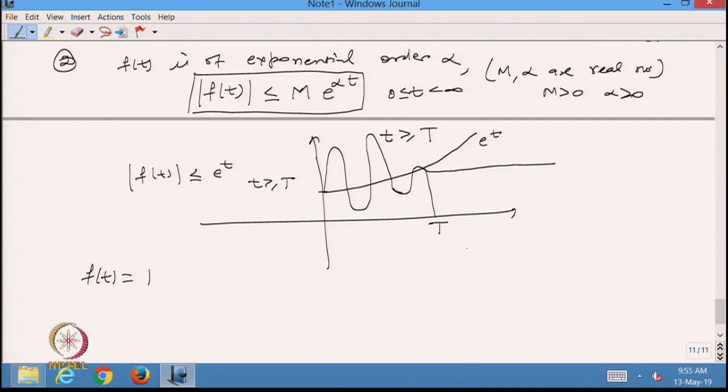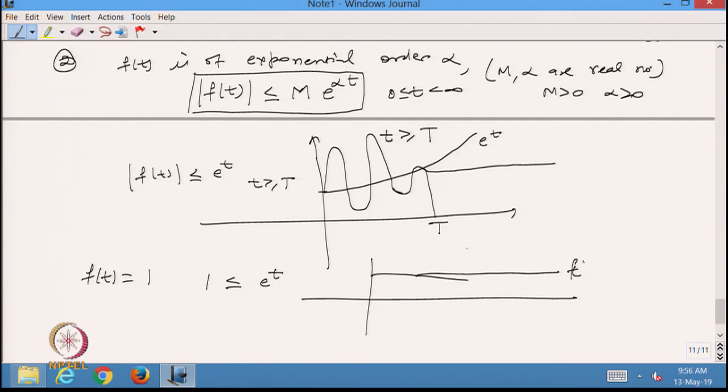In that case I can say that 1 is always less than, I take m as 1 and alpha as 1, e raised to power t. My function is 1 here, this is my f t, and the exponential function is like this. For all values of t, my function f t is always below the exponential function. So, this function f t equal to 1 is of exponential order 1.